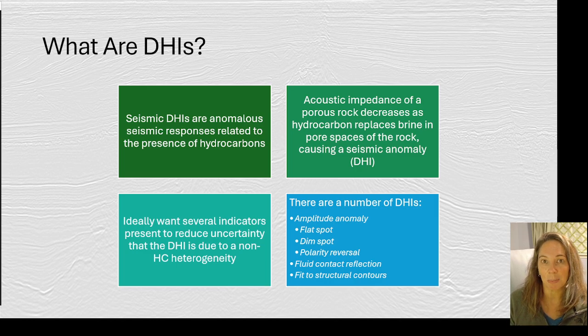We also have dim spots, the opposite of a bright spot, where you get a dimming, and that's a little bit deeper in the earth. Polarity reversals. We can also look for reflections due to the fluid contact, and also structural fit to contours. So we would expect the gas or the oil, since it's less dense, to pool in the upper portion of the structure. I'm going to talk about all of those and show a lot of examples.